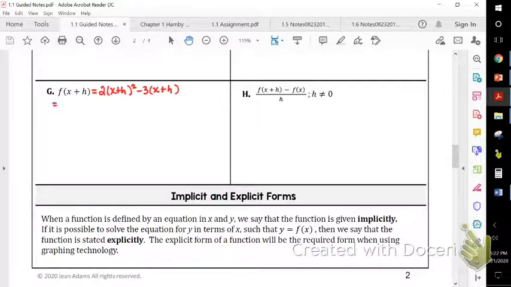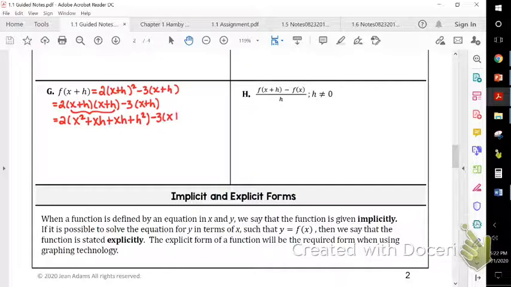Alright, so because of the square, I'm going to write it out. It's 2 times x plus h times x plus h minus 3 times x plus h. I'm going to go ahead and do my FOIL. I'm going to combine my like terms.